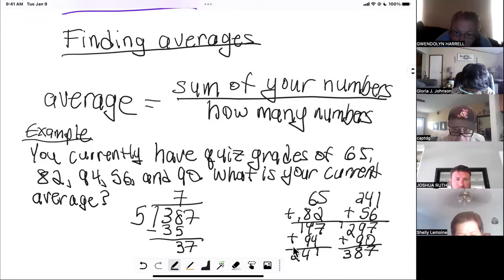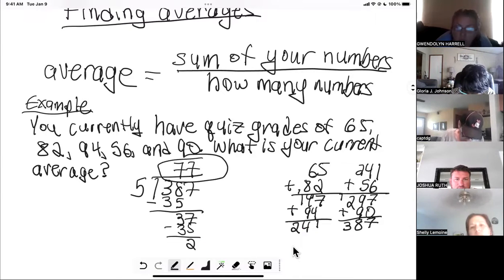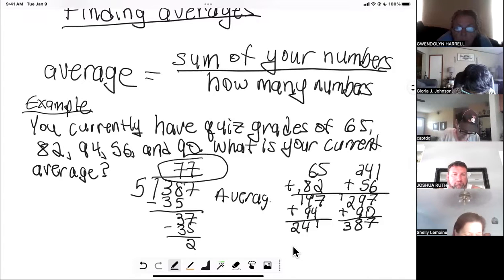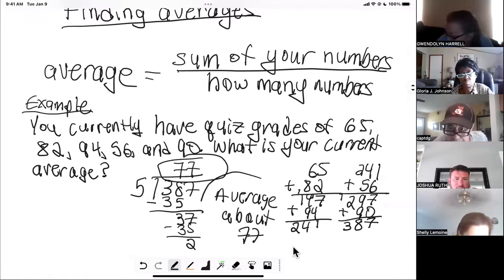So again, we have 7 times 5 is 35. Subtract, the remainder is 2. So our average would be 77 point something, and we know our average is about 77.